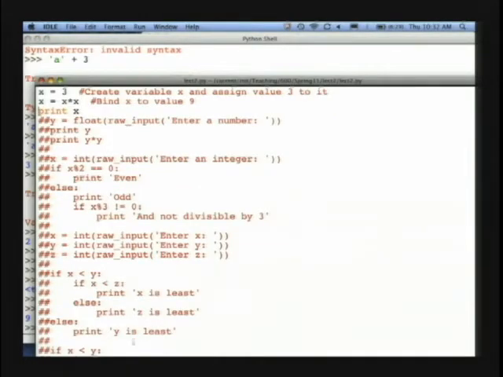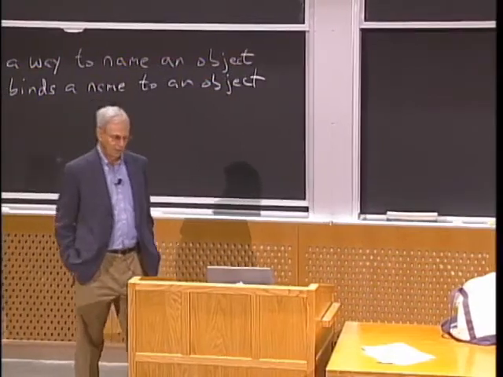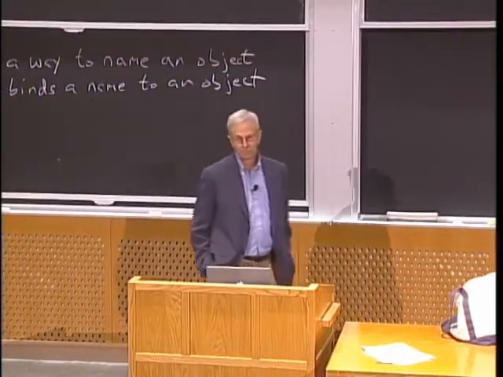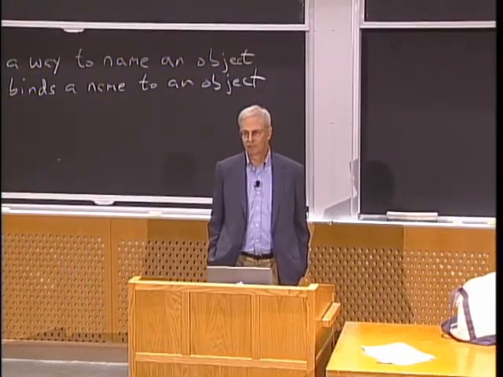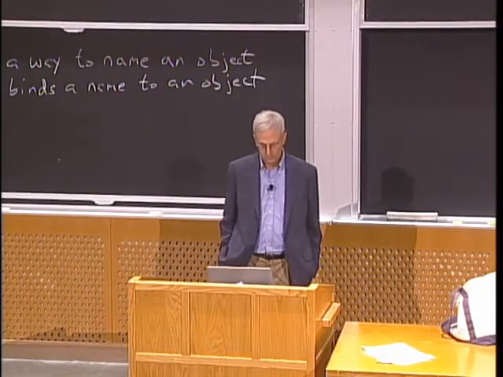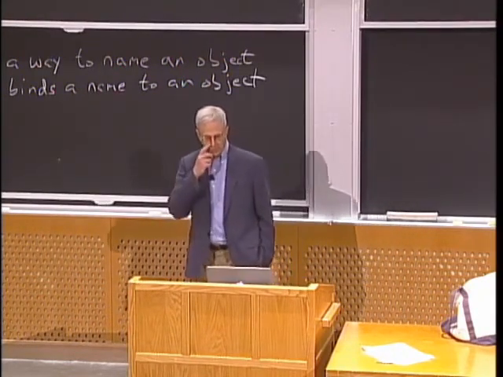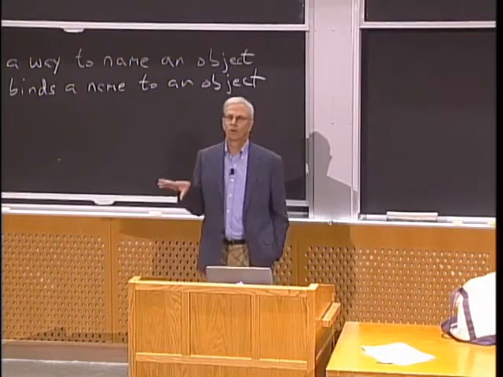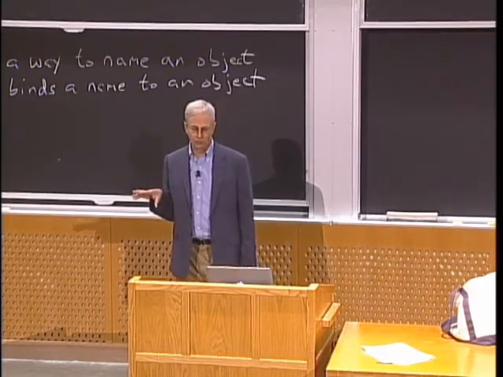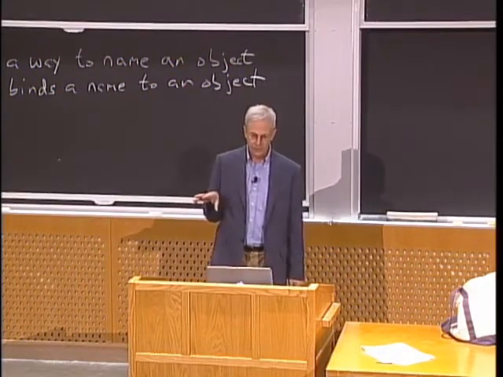All right, now let's try some other things. Print lets us output things. Raw input lets us input things, get things from the keyboard, essentially. So the statement here is making a request to whoever is using the program to enter a number.